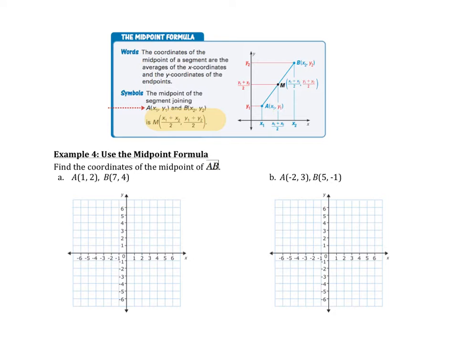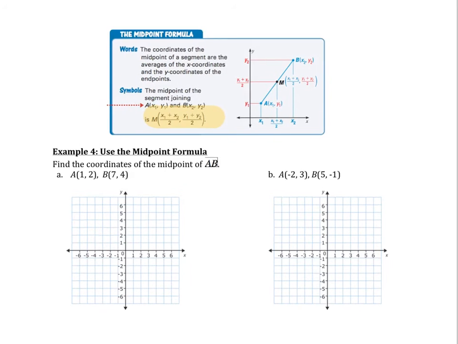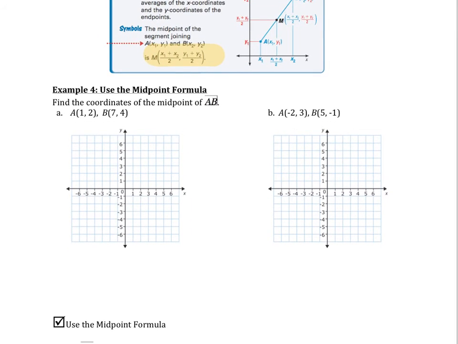So using the midpoint formula, let's find the coordinates of the midpoint of AB. First off, let's graph our 2 points so we can confirm that it looks like it could be the midpoint.